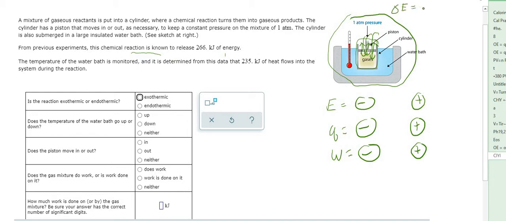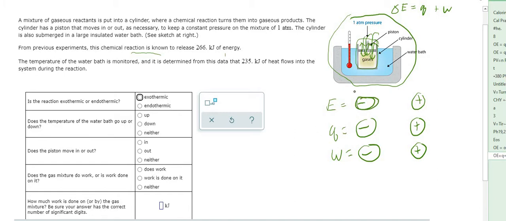Okay, so armed with those definitions here, we also know from our equation that the change in energy is going to be equal to the heat plus the work. So it says from previous experiments, this chemical reaction is known to release energy. If the system releases energy, energy is going out, the sign is negative.